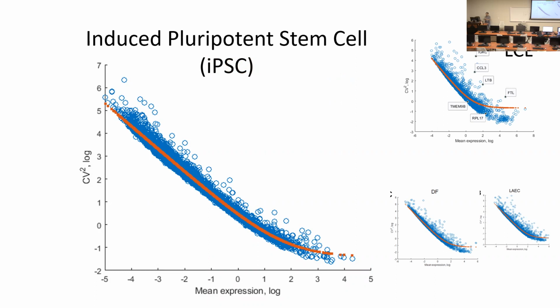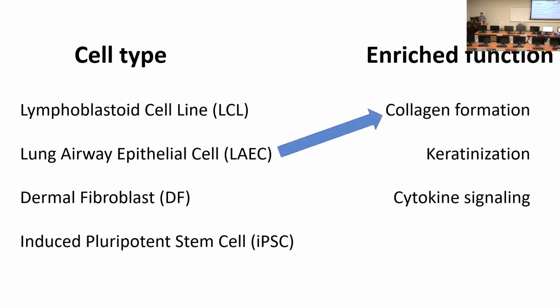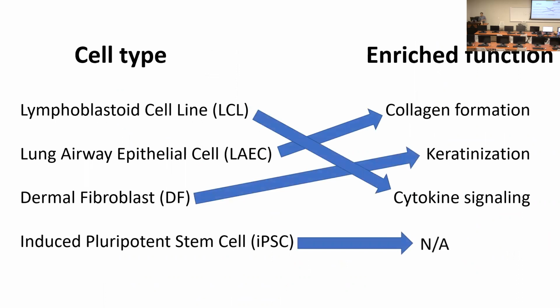This answer tells you these cells have the potential to differentiate into any different cell types. When the cell is at this stage, there is no gene expression noise. All the genes are expressed uniformly across all the cells. We tried, and there's just nothing.